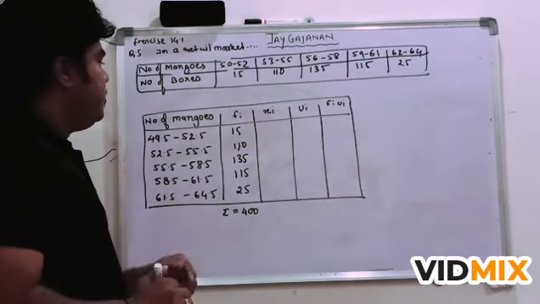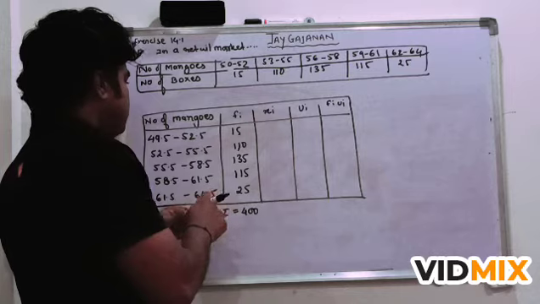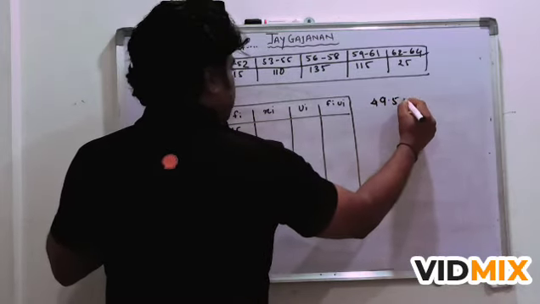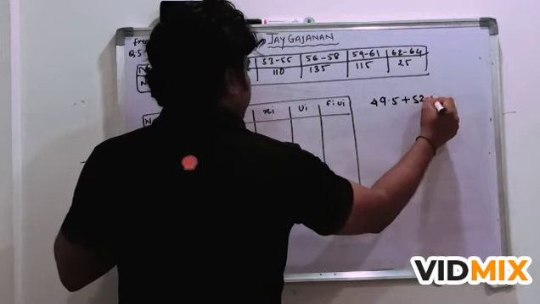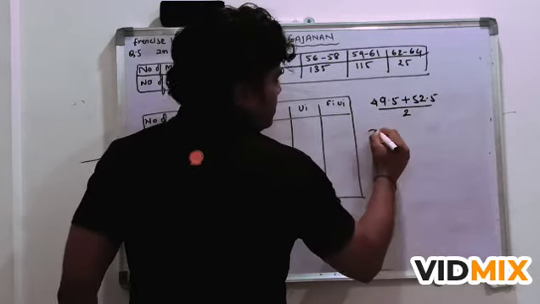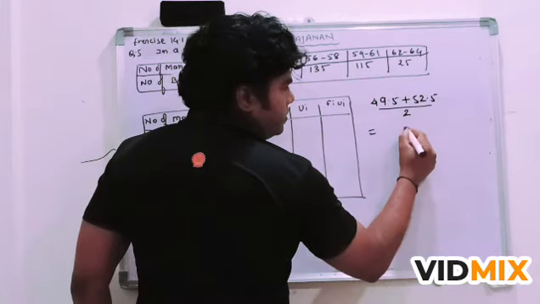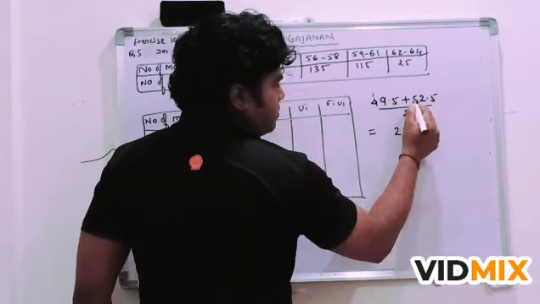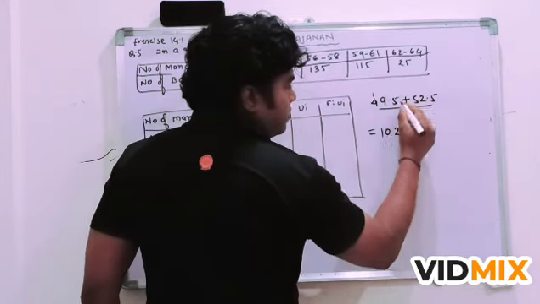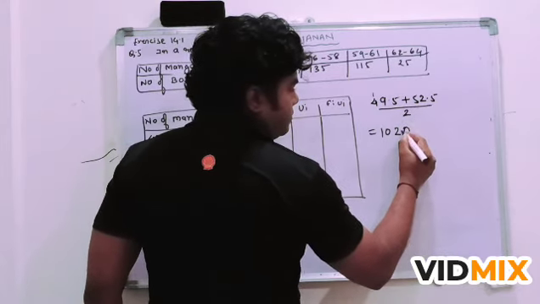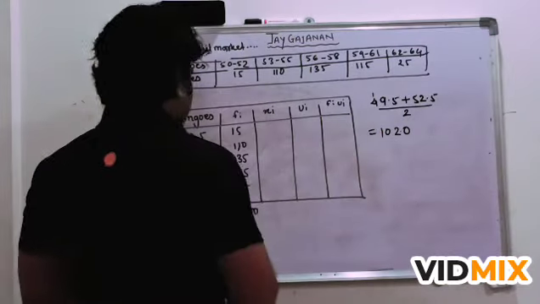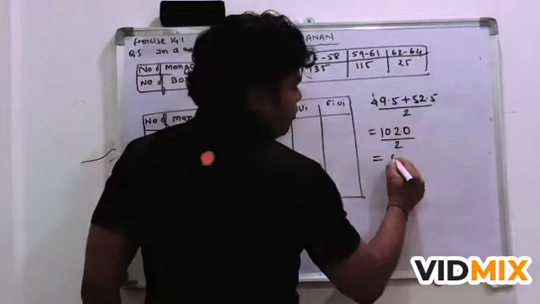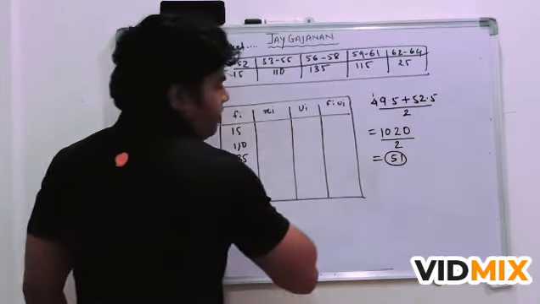So what will be the value? The value will be the lower class limit plus the upper class limit divided by 2. This gives 102 divided by 2, which is 51.